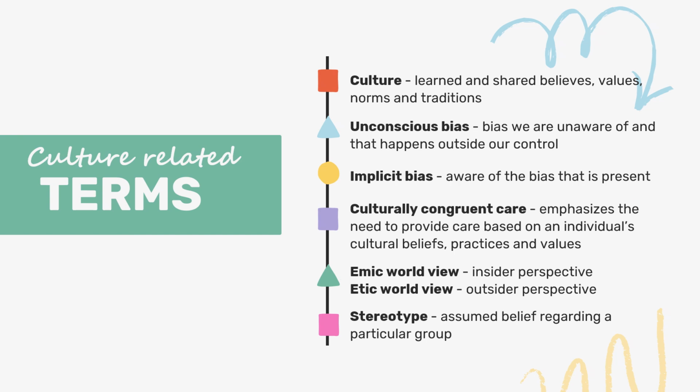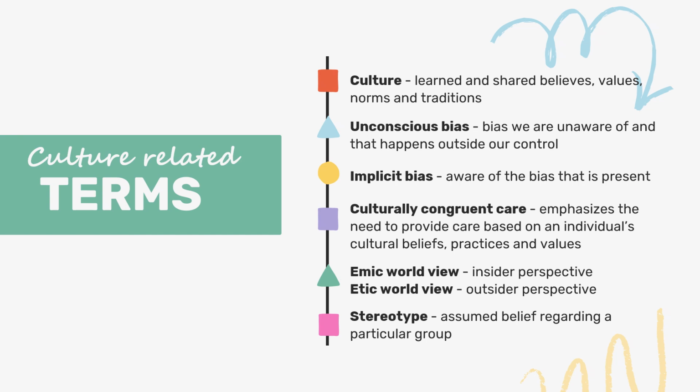Next, you have unconscious bias. These are attitudes or stereotypes that affect understanding, actions, and decisions in an unconscious manner. So we are not aware of these attitudes and stereotypes. This often occurs automatically without awareness or intent, and it can influence that nurse-patient interaction and then lead to inequitable care.